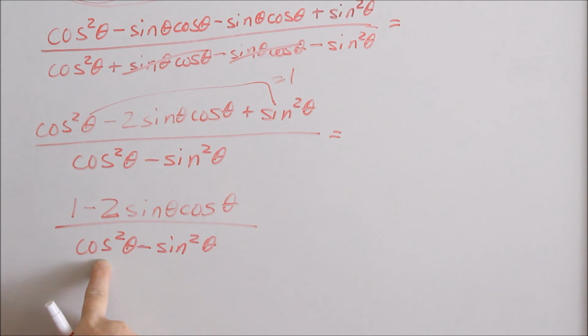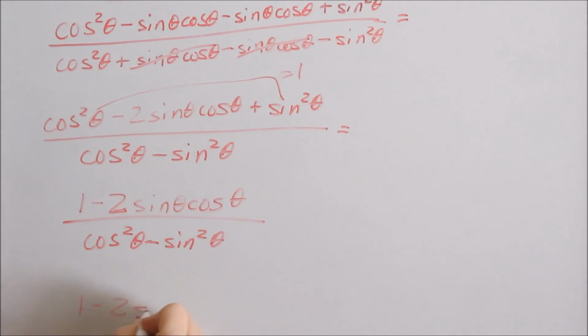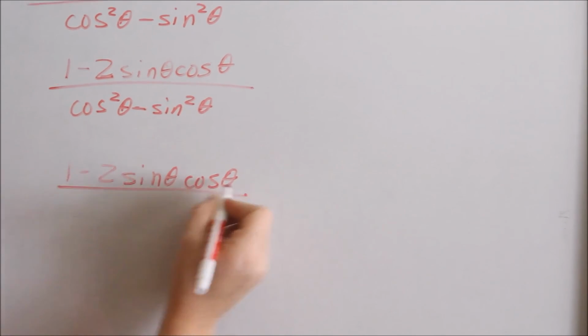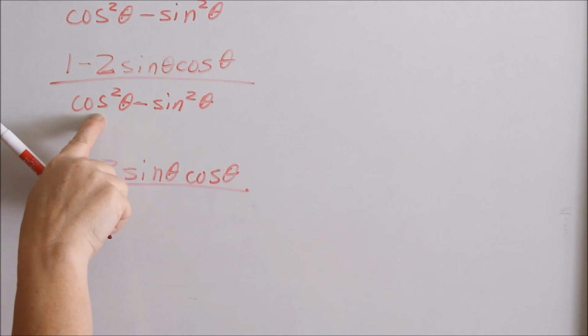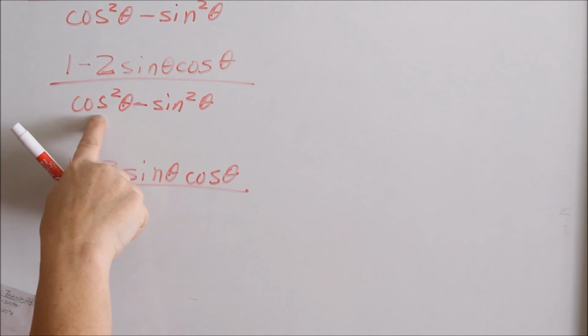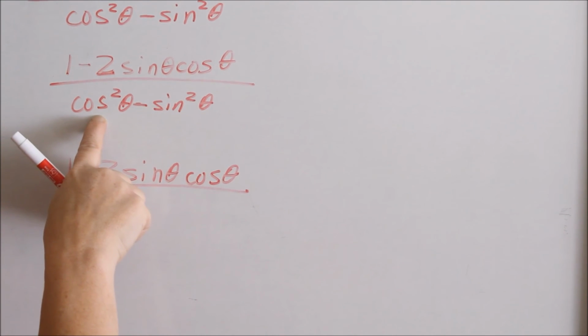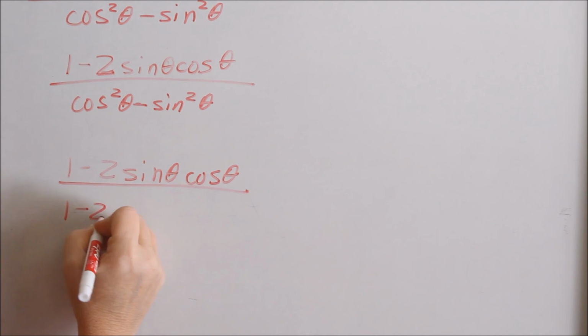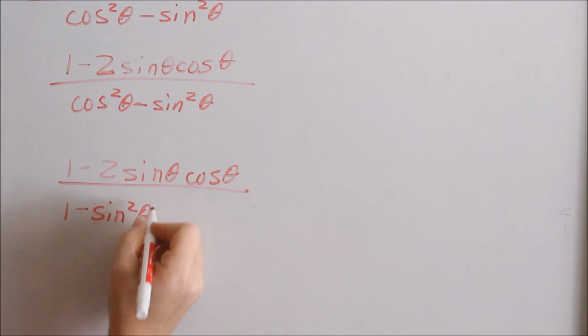Cosine squared equals, let me rewrite my numerator so I don't lose anything. Okay, numerator is going to stay the same. I want to replace that. Cosine squared is the same thing as 1 minus sine squared. So cosine squared equals 1 minus sine squared.